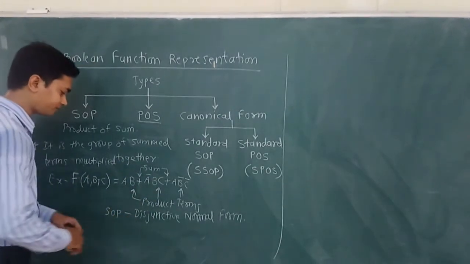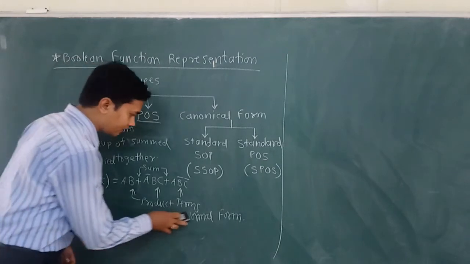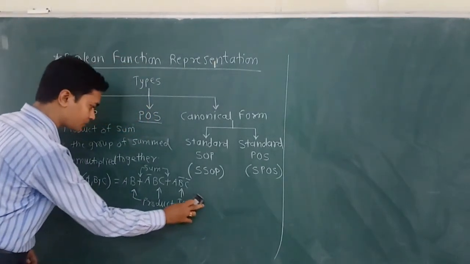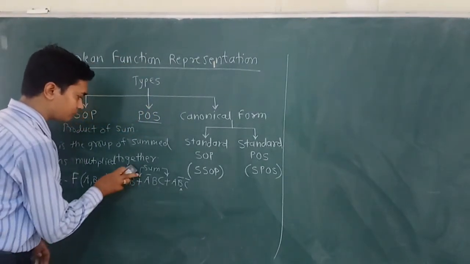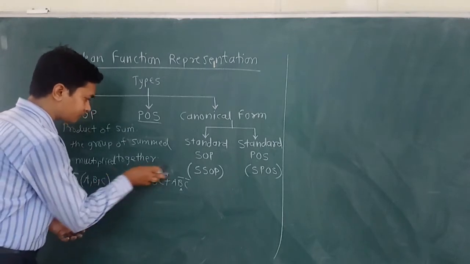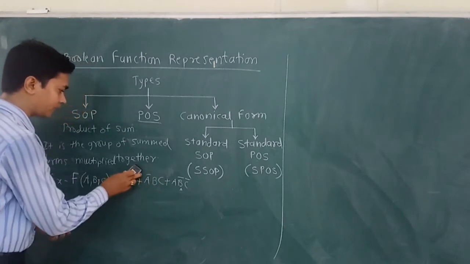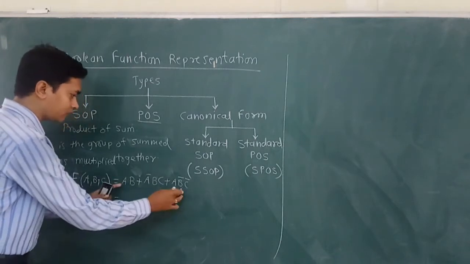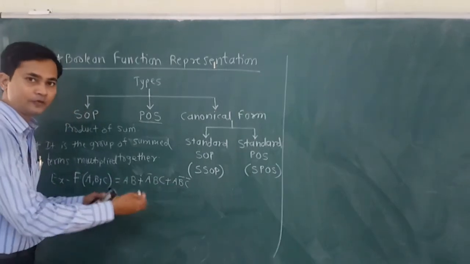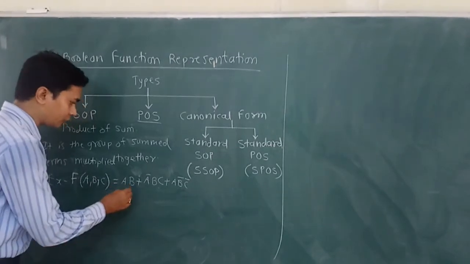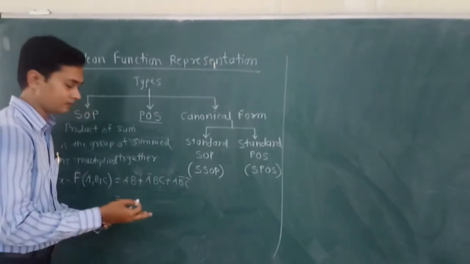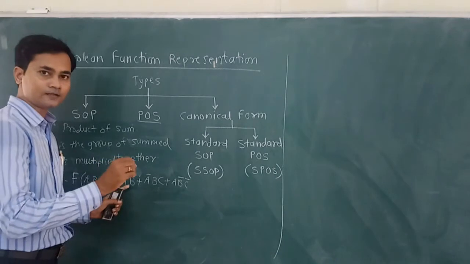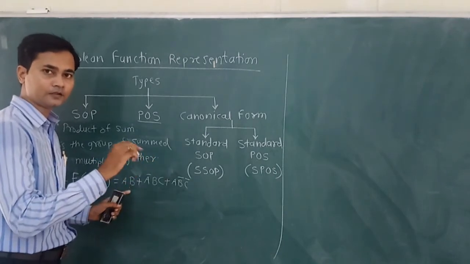Now I will convert this given SOP form to POS form. I will simply write its dual form to make it POS form. Dual rule means we have to convert dots to plus and plus to dots.